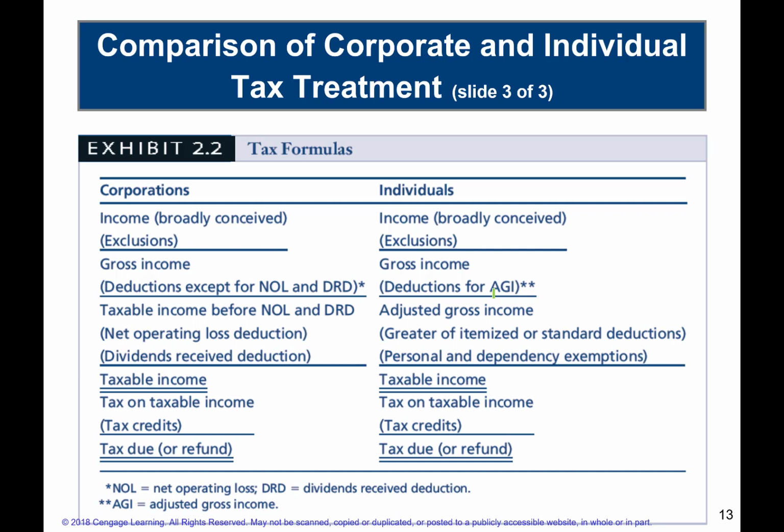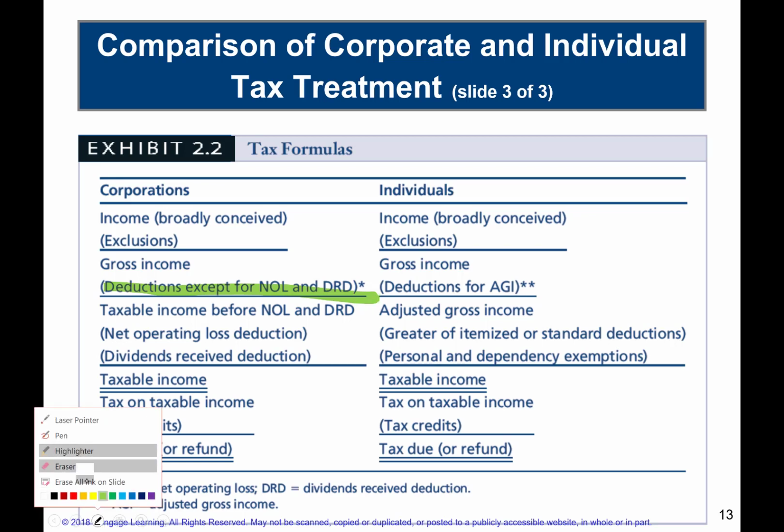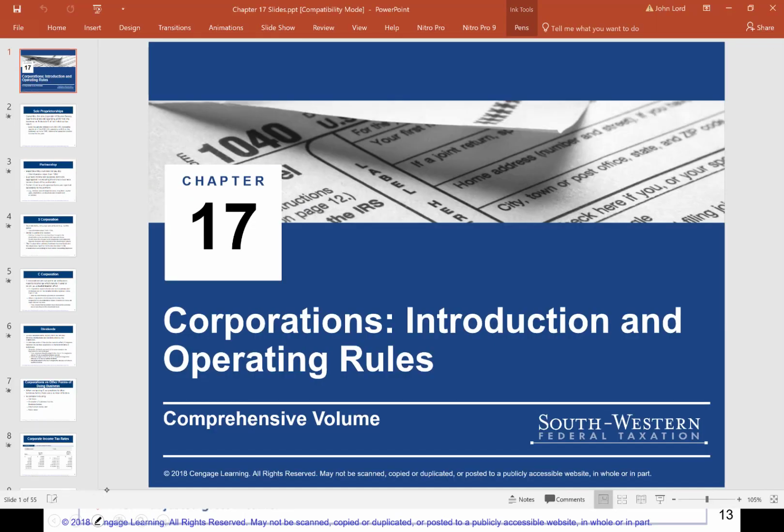Where we start to get into things that we're going to be studying more in this chapter is the deductions for net operating loss and dividends received deduction. They give us certain beneficial things that we can do here if we're receiving dividends.